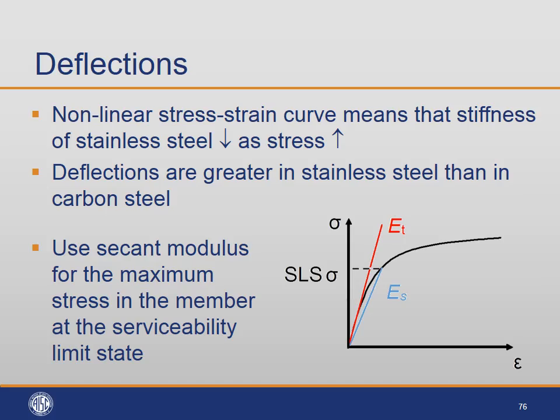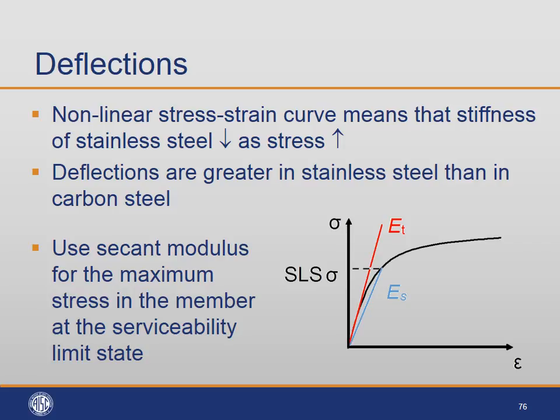A few slides about deflection. You can see that the fact that the stress-strain curve is nonlinear means that the stiffness of stainless steel does reduce as the stress increases, and the amount of reduction all depends on how high your stress level is.